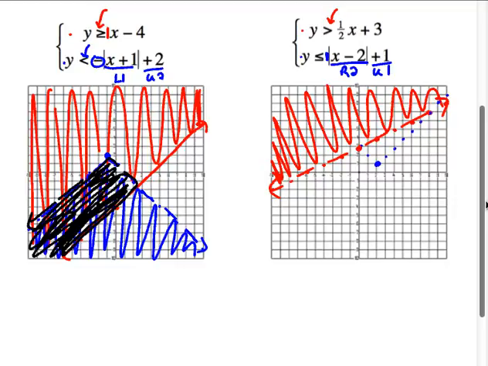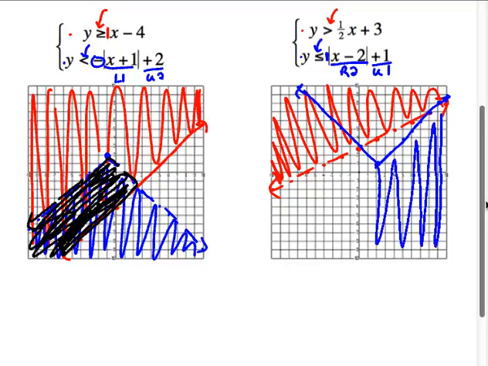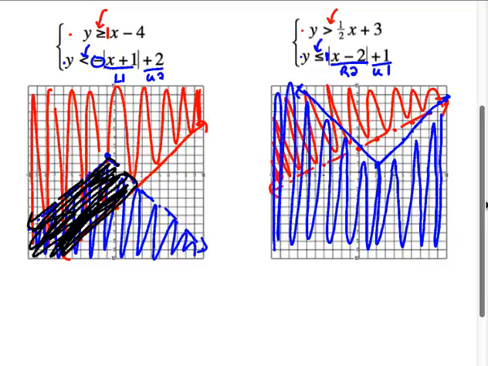And then obviously to get my V shape, I have to do the same in the opposite direction. All right, and here, this is going to be a solid line and going to be shading underneath. Well, in this case, underneath my vertex brings me out here, so everything outside of the absolute value is going to get shaded.